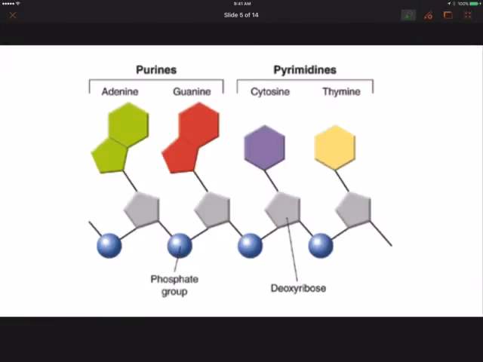Nice little diagram, so you can see here how our phosphate group and our sugars are all bonded together. That forms our backbone. And then inside we're going to have our nitrogenous bases: a T, a C, a G, and an A.